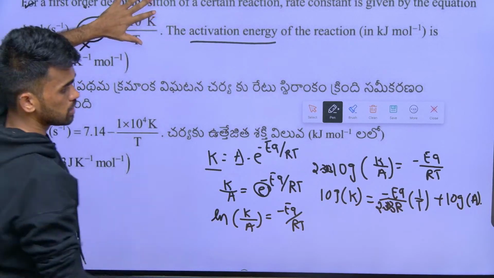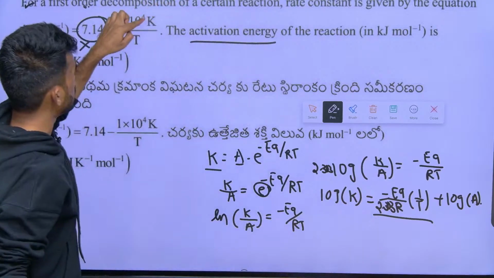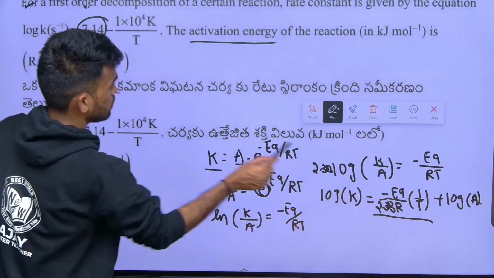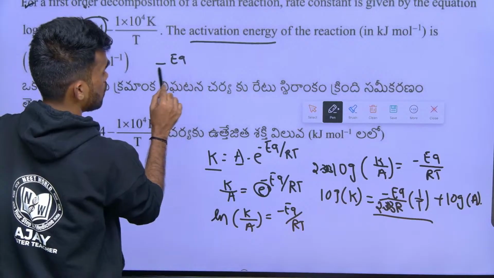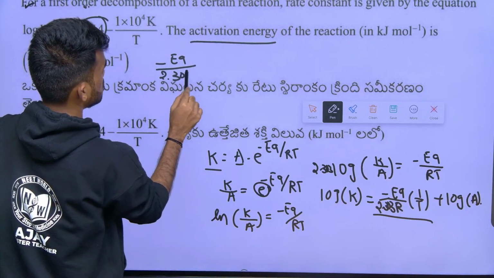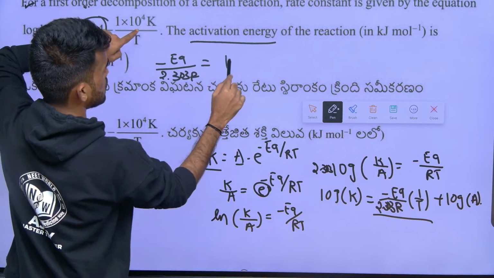Now this part is similar to this part, so with 1 by T, minus Ea by 2.303 R equals 10 power 4.